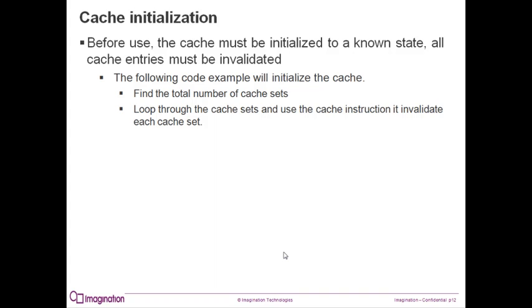The code will show you how to find the total number of cache sets in the cache. Remember, a cache set is a combination of cache tags and cache lines of data. Once the number of cache sets are known, the code will loop through the cache, clearing the cache tag of each set, making the set invalid.